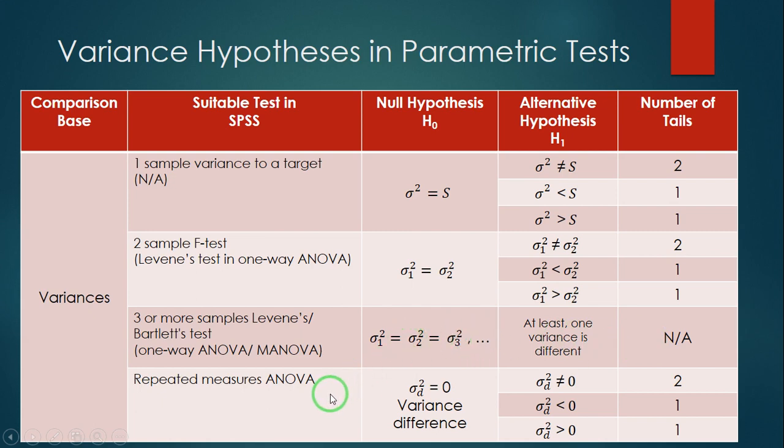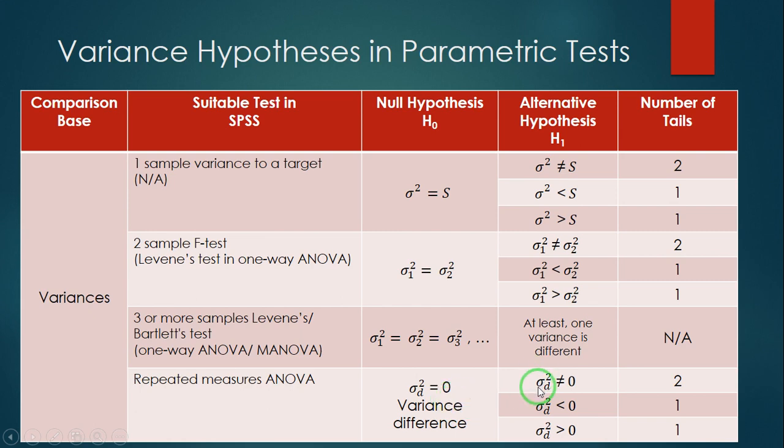And we also have another test named repeated measures ANOVA, which is equivalent to a paired sample t-test. But in that case, we compared the means. Here we compared the variances, and as the null hypothesis, it assumes that the variance difference equals 0.